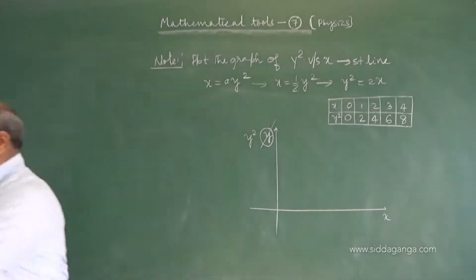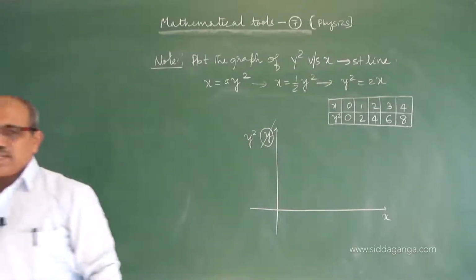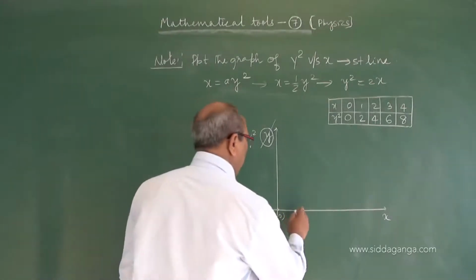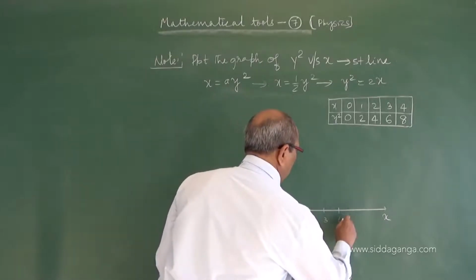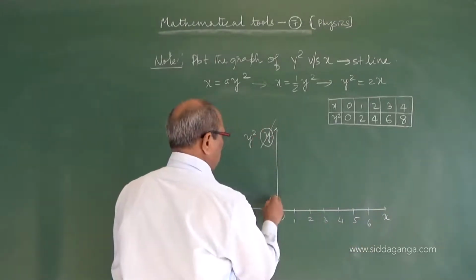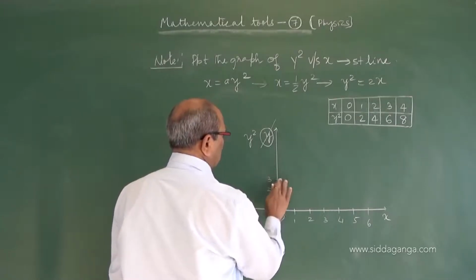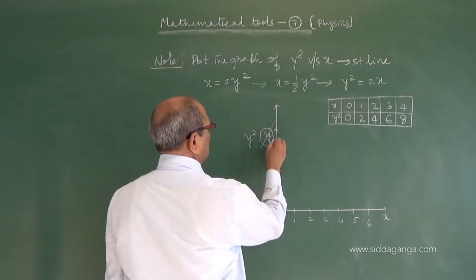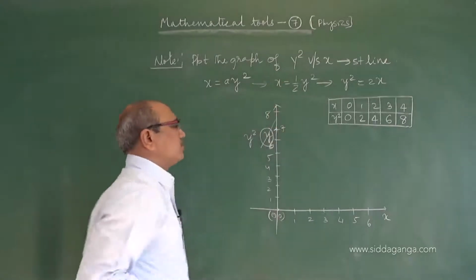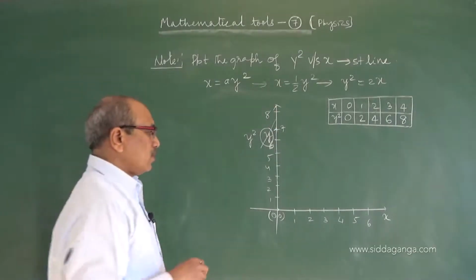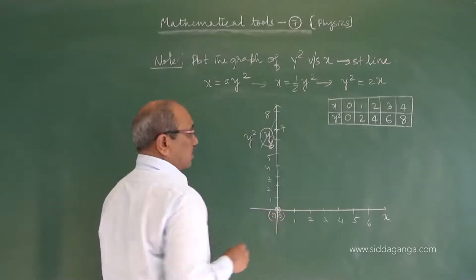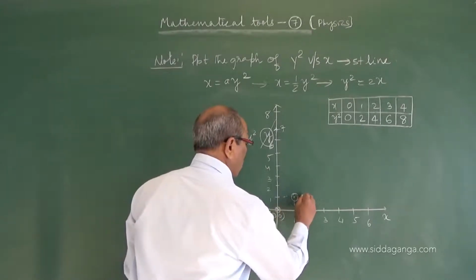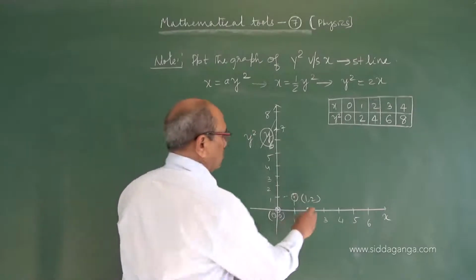Now see how the graph comes out, the appearance of the graph. So take this 0, 0. 1, 2, 3, 4, 5, 6 on the x axis, and 1, 2, 3, 4, 5, 6, 7, 8 maybe along the y square axis. 0, 0 is one point marked. 1 and 2: it is 1, but this is 2. 1, 2; 2, 4.